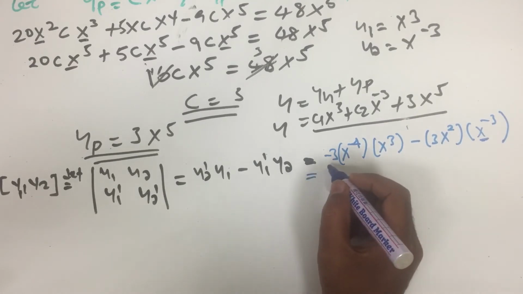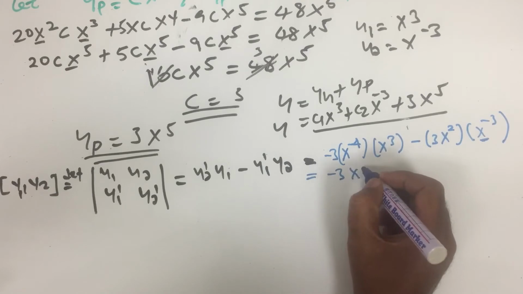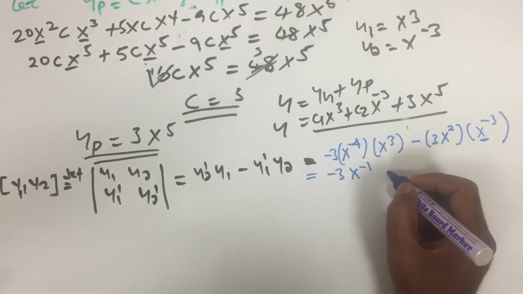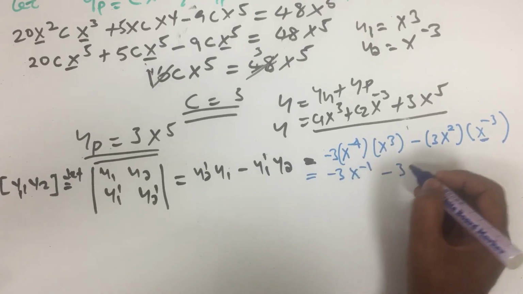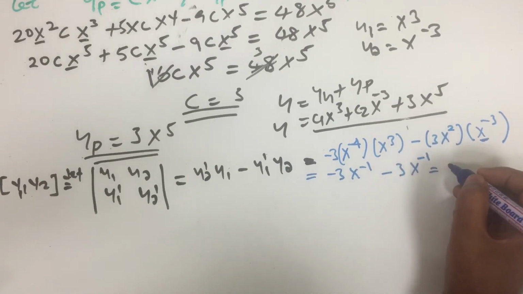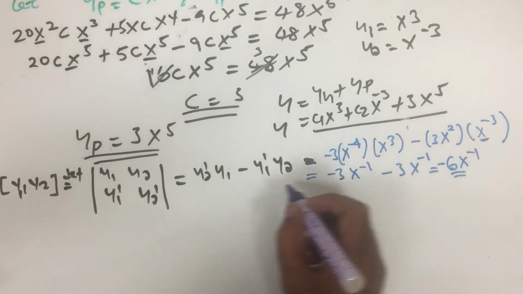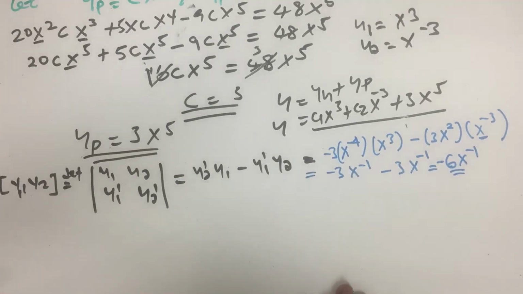Simplify this, it will be minus 3 x to the power of minus 1 minus 3 x to the power of minus 1, which will be minus 6 x to the power of minus 1. This is our Wronskian.